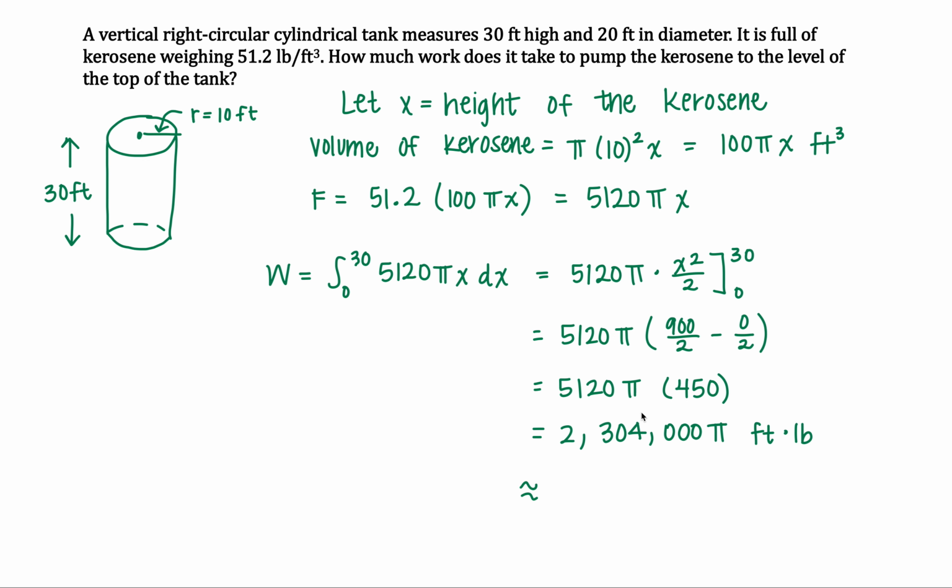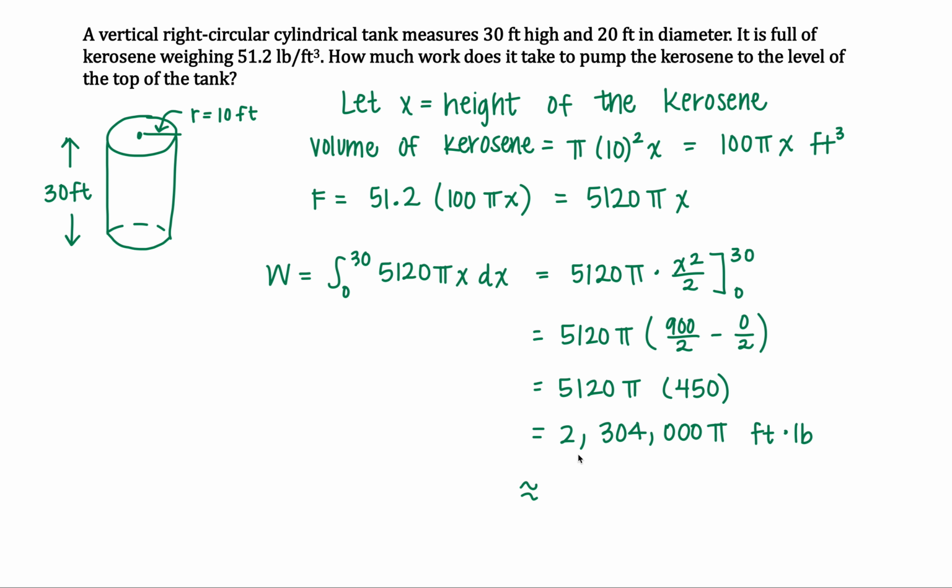Now I just kept the pi in up to this point because it's a lot easier to write that than to write decimals and keep track of those. But if you want to get an answer without that pi, you can multiply it out. Now the answer I'm going to give you here is not using just 3.14 for pi. This is using the pi button on my TI-84.